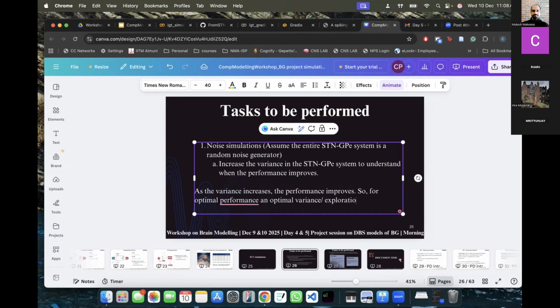Then we understand those metrics, apply DBS and also check the STN network. These are the upcoming goals of the session. And at the end, if time permits, we will integrate the STN-GPE spiking network into IGT and run the network as well. We get very similar results, but still. Maybe I'll move to the correct slide now.